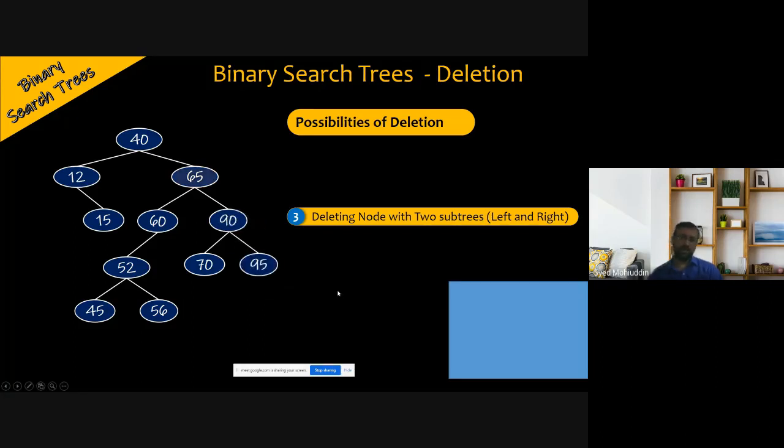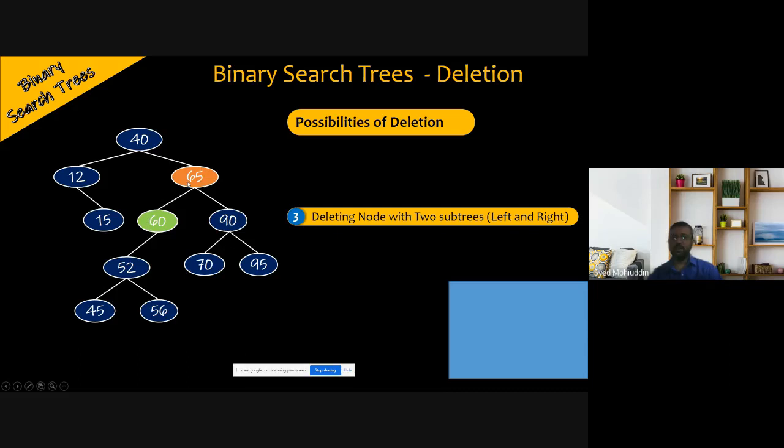Now let us take another scenario. Suppose we are trying to delete node 65. It has both subtrees. The left subtree starts with node 60, that's the root. The right subtree has node 90 as the root of the right subtree. Now, when we are deleting node 65, if we are considering the left subtree to replace that node, then node 60 is the maximum element in the left subtree.